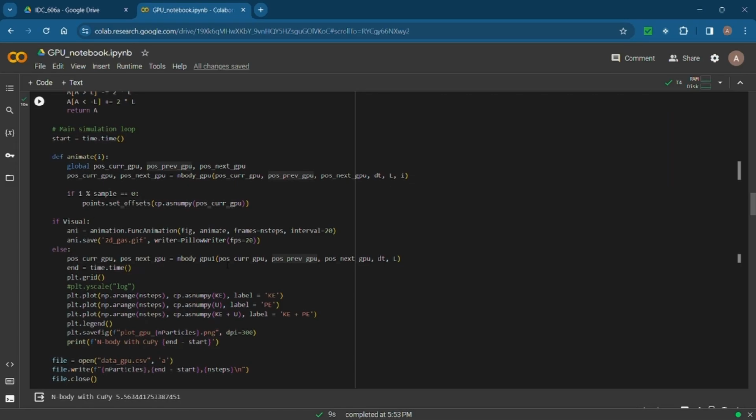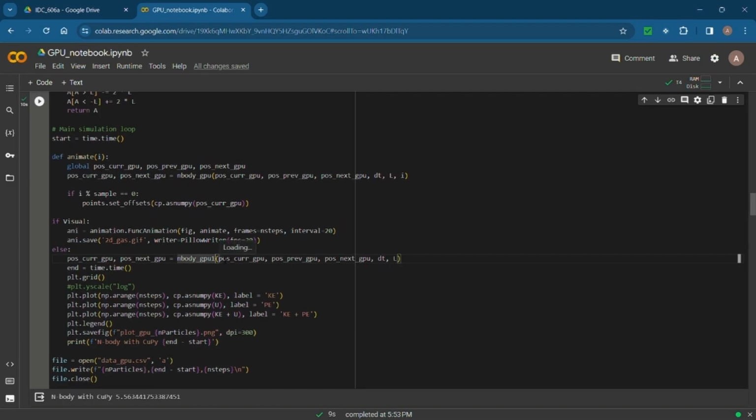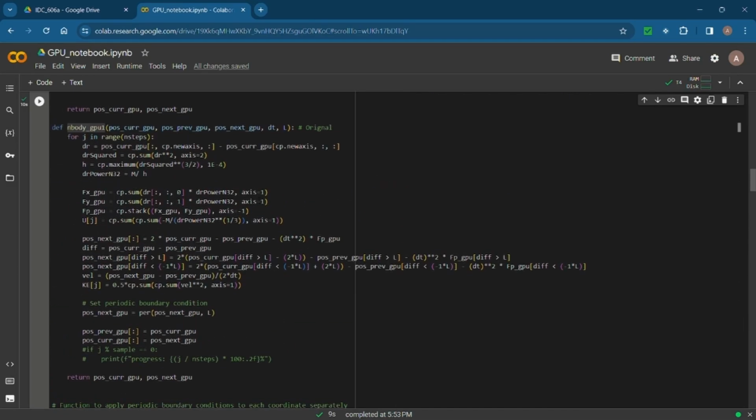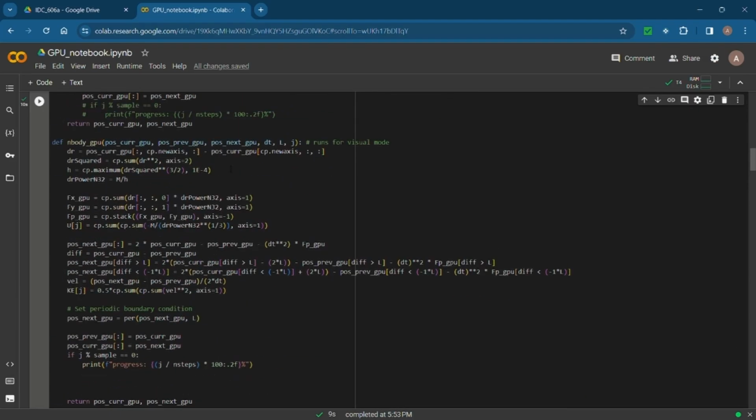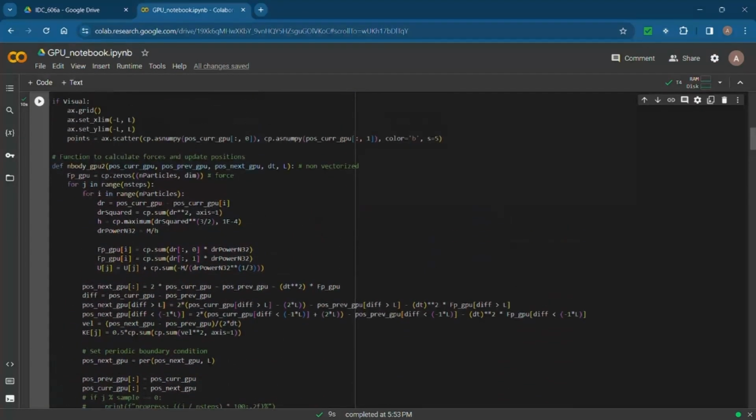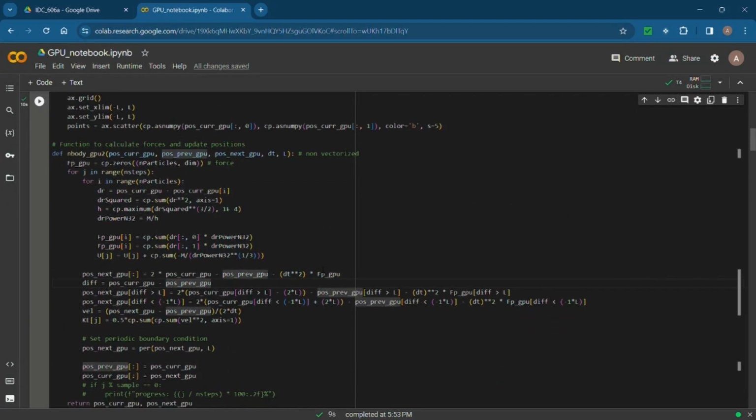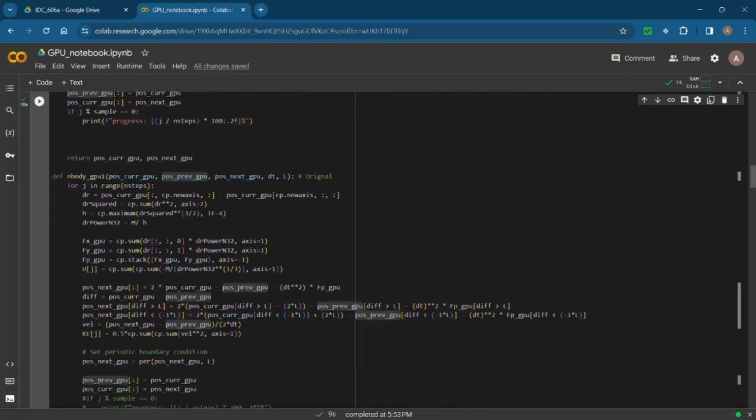This GPU1 is a vectorized version of the same code. Currently I'm using the n-body GPU1 function. It's the same thing, but I have vectorized this n particles loop.